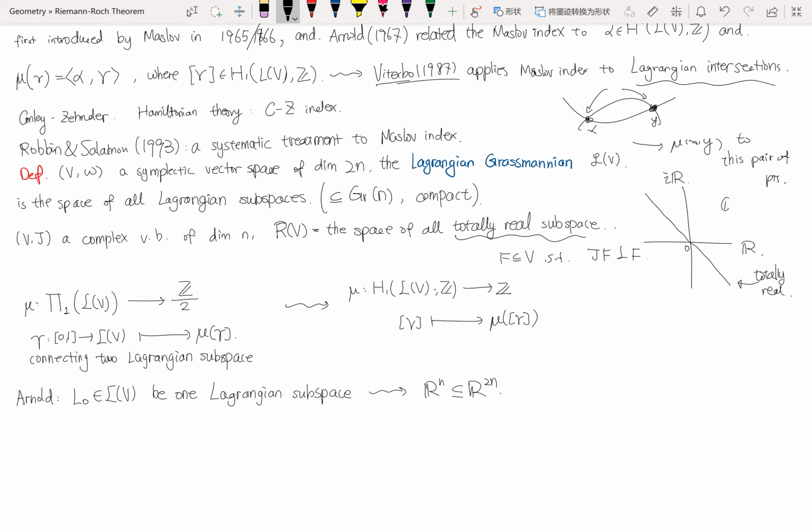Given any curve gamma from S1 to LV, let us write this as LV with a reference plane V0.